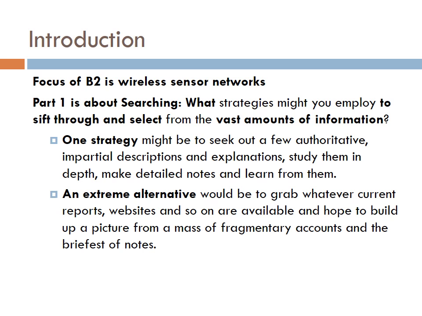As you know, we have vast amounts of information on the net. So what are the strategies when you want to search for information or articles about a specific topic? One strategy might be to seek out a few authoritative and impartial descriptions and explanations, study them in depth, make detailed notes, and learn from them.